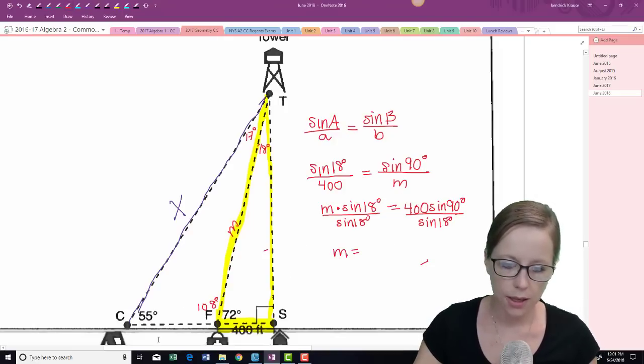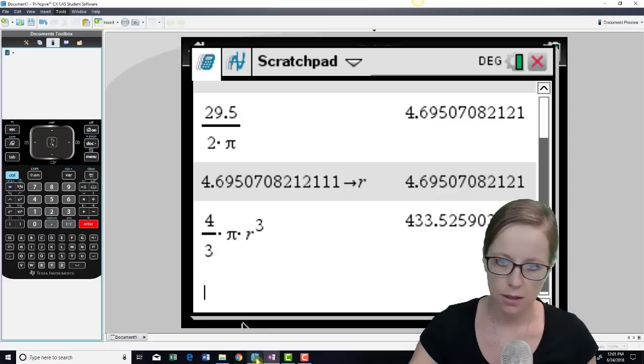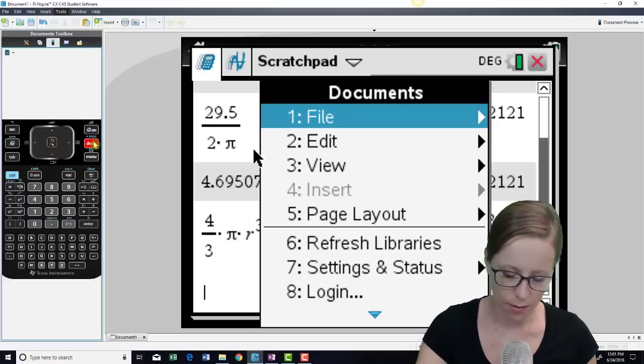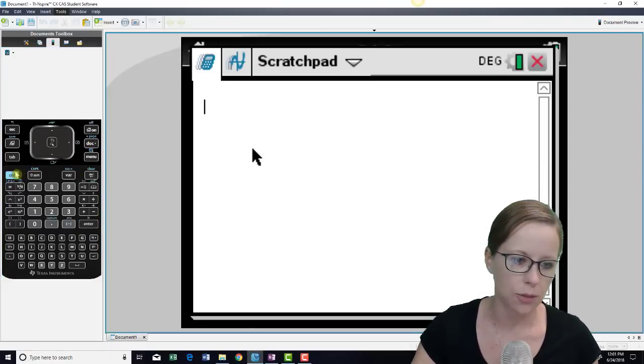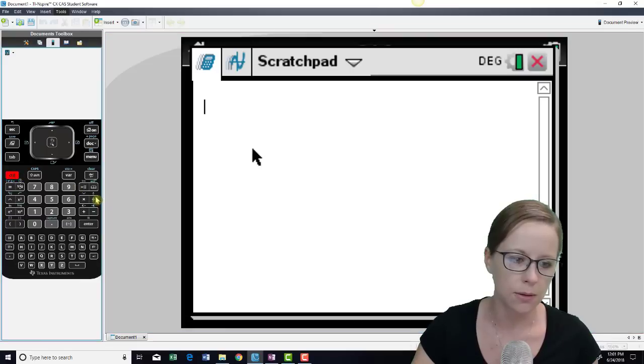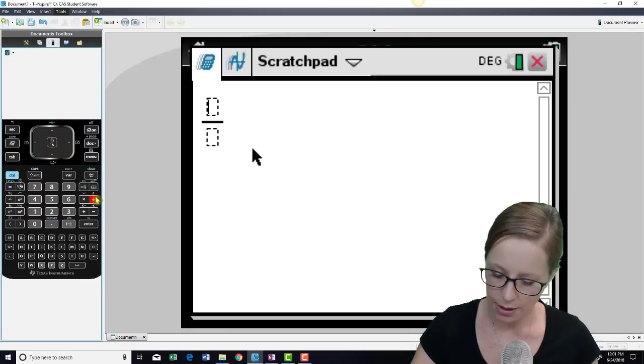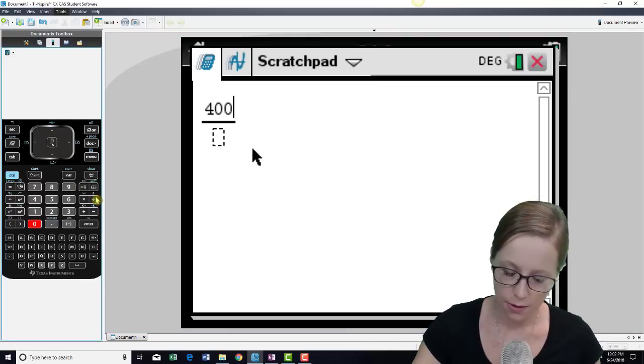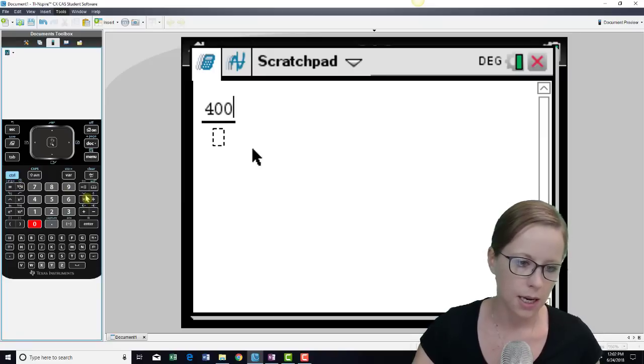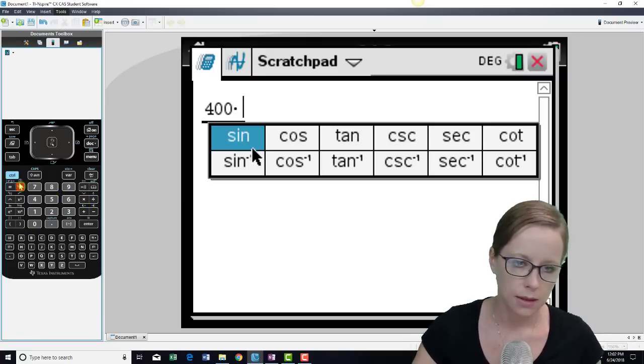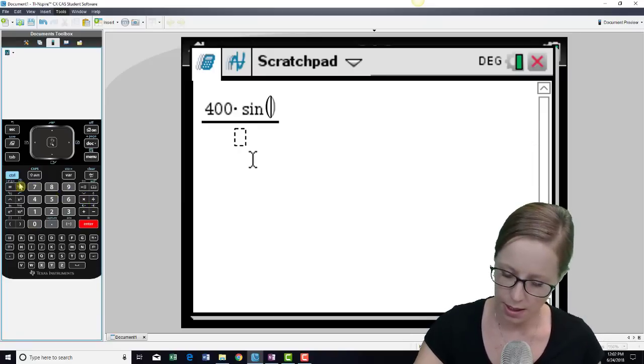Now, if your calculator is in radians, so look up here, is it in degrees? If it's in radians, all you would need to do is make sure you put a degree symbol next to whatever you have. So 400 times sine, was it 90?